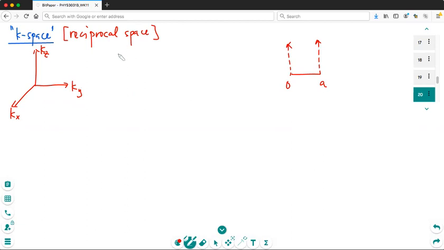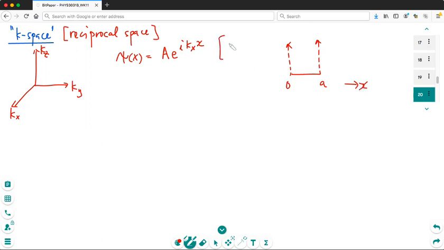In 1D, how do I write the traveling wave solution? I will have psi of x equal to A, some normalization constant, times e to the i kx times x. This is the x direction.